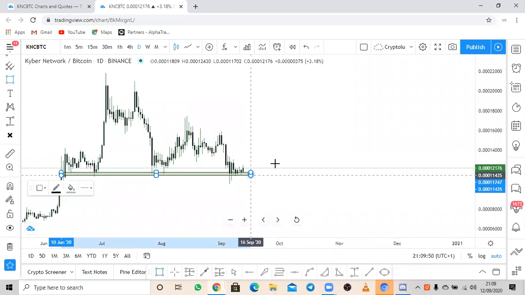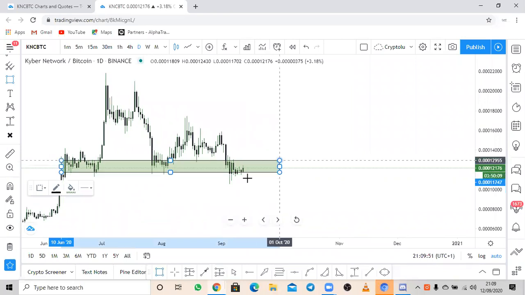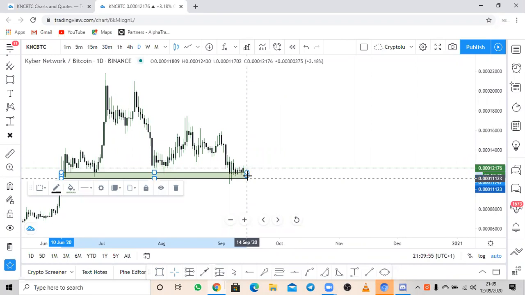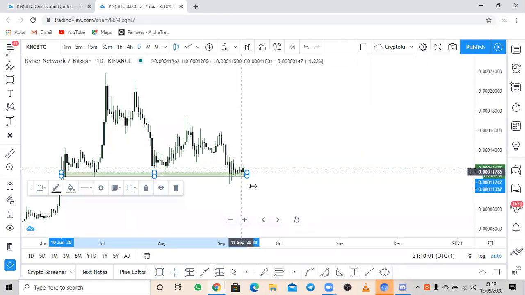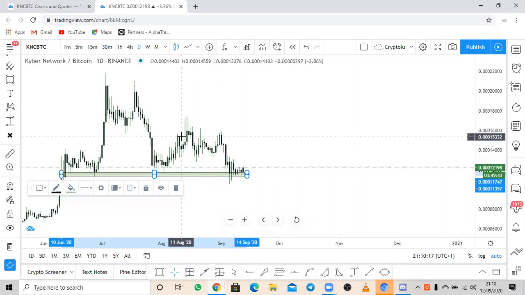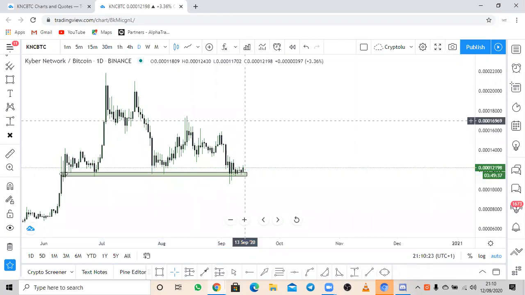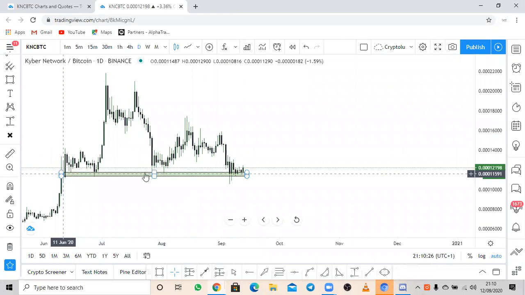So we know that when price is on a support level, all we are waiting for is either a breakout, a continuation from here to the downside, or a reversal. Okay, I'm even sure that if we should check the RSI, we might see a bullish divergence. But for now, I've been restricting myself to using price again recently, so I don't want to use any indicator at all. So now we are on a support level.